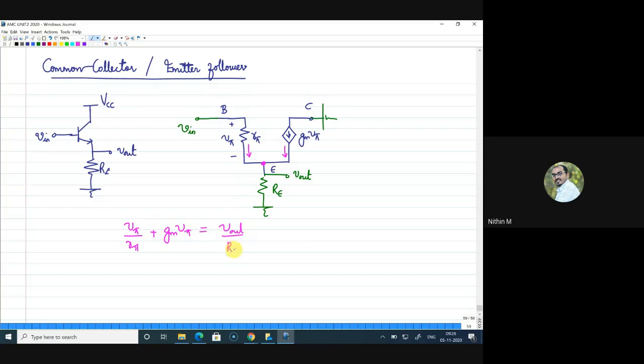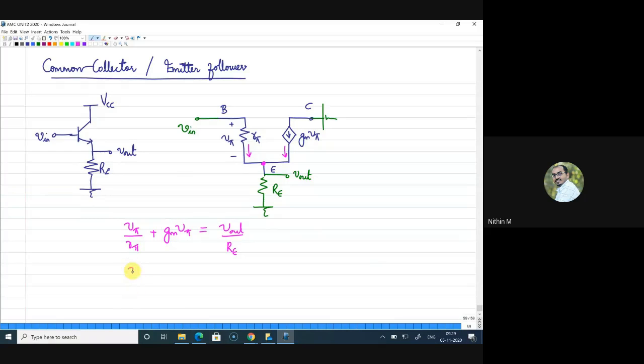So our aim is to find V out by V in. That means I need to eliminate V pi, or I should get a substitution. I should be able to write V pi in terms of V out, right? That is possible from this expression.